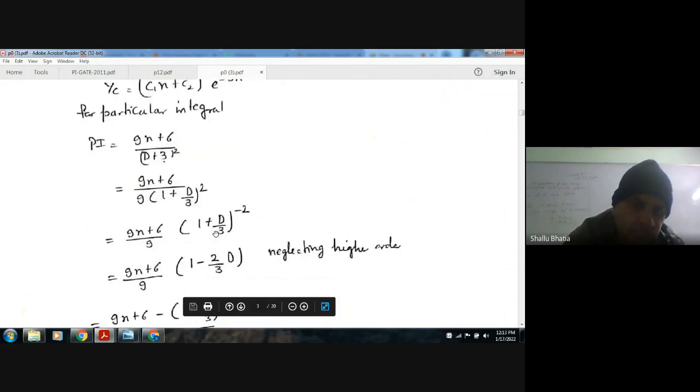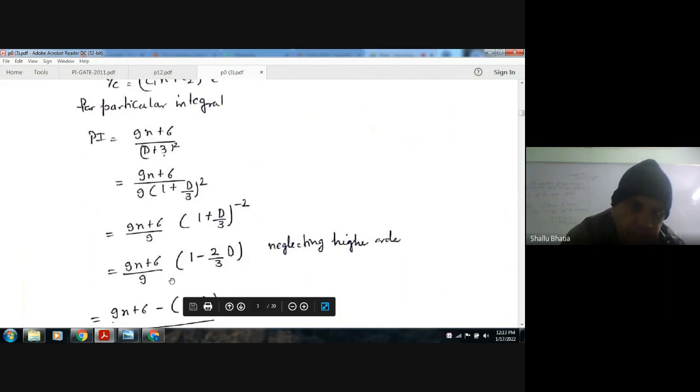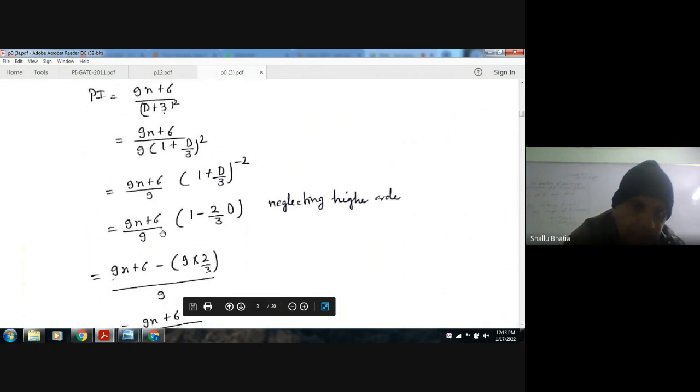Solving this, it will be 1 minus 2 by 3d, neglecting higher order terms. Now solving it further, 9x plus 6 by 9 will be multiplied by 1, and the differentiation of this is 9, multiplied by 2 by 3.